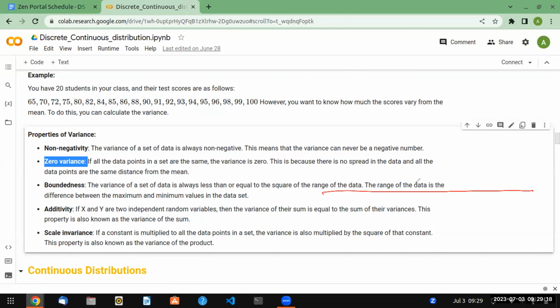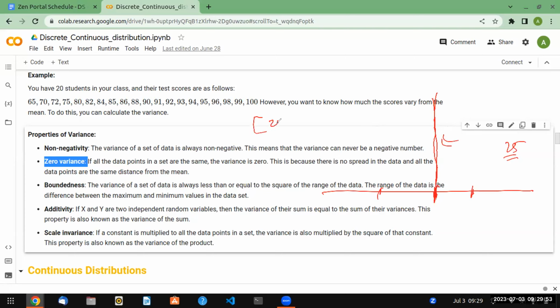Suppose I have one age group, 25, and all the people are 25. So there is no variance from the mean, no other age group or data point present. Everyone's age is 25. So in this case, what is the variance? Zero.